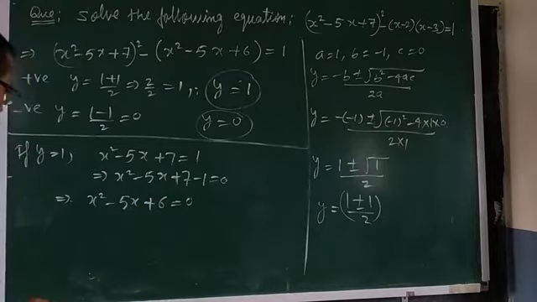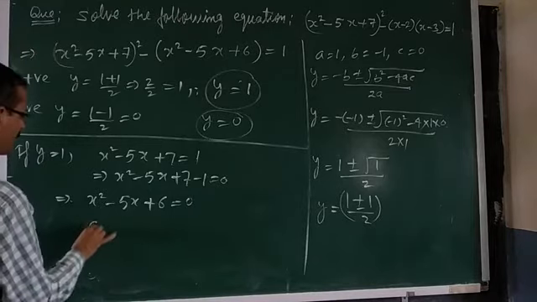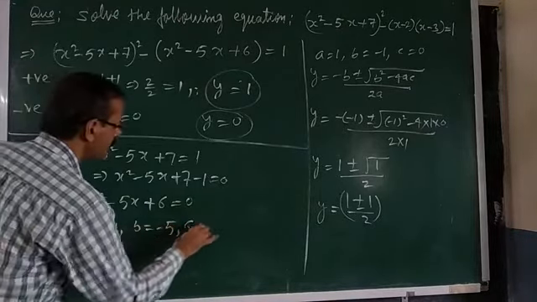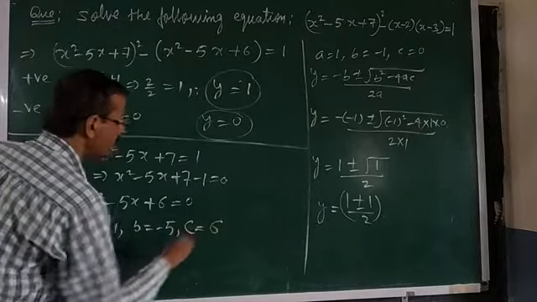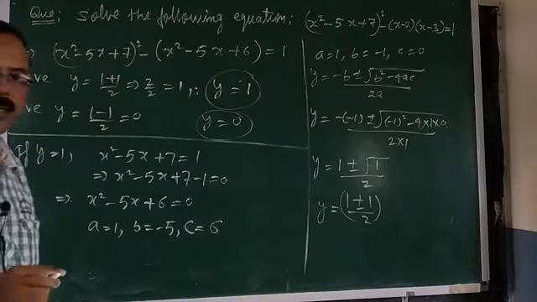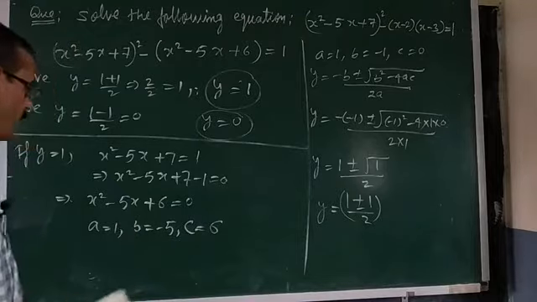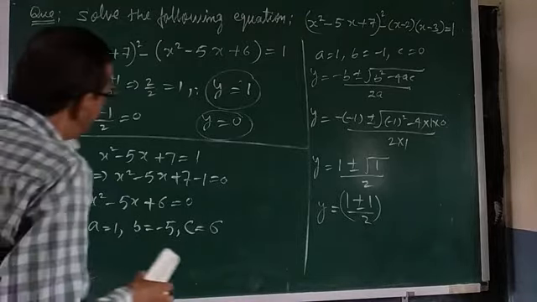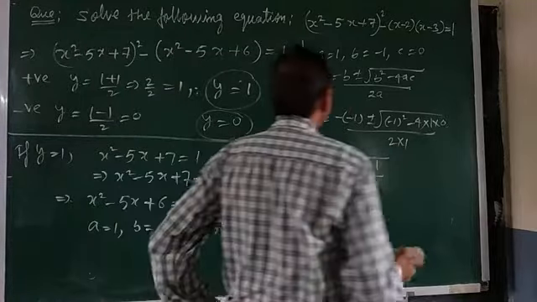Now compare with the quadratic equation: a is equal to 1, b is equal to minus 5 and c is equal to 6. Now we have to apply the formula. Which formula? Quadratic formula.